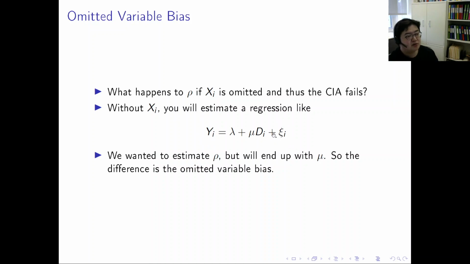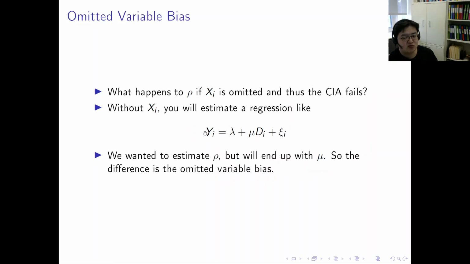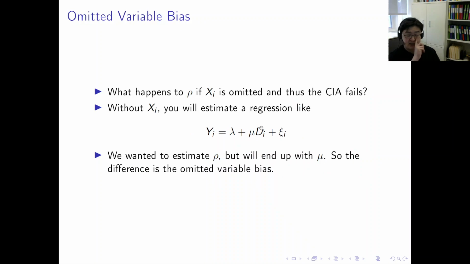Then we would like to compare this coefficient mu. You wanted to estimate rho from the ideal regression equation, but it is not available, and instead you only estimate mu. If this coefficient is different from that coefficient, then there is a bias, and that is the omitted variable bias.